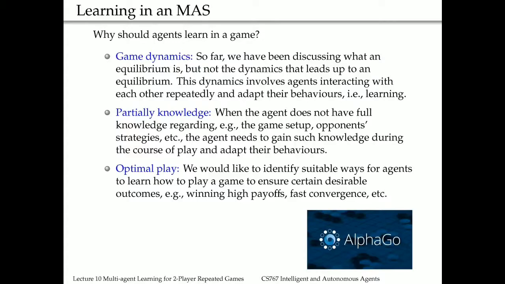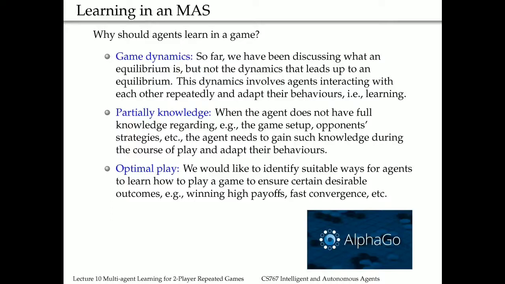But obviously, if you consider a multi-agent system, when the agents are performing their actions in the space, the outcome should be the result of certain dynamics among the agents, and also interactions between the agent and the environment. This means that the process that leads up to an equilibrium state in the game should be some sort of a learning process.